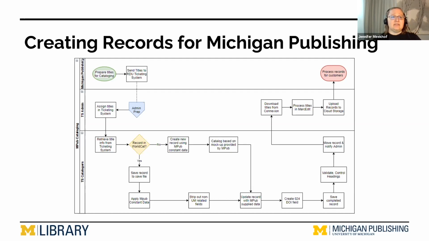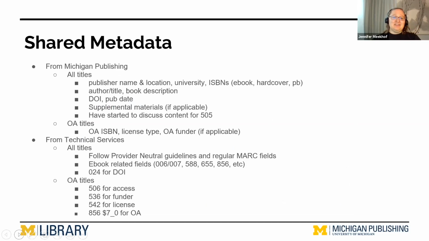Next slide, please. So here is a very brief list of the metadata that Michigan Publishing and Technical Services is sharing back and forth. Michigan Publishing gives us a lot of the basic information about their publications. And since these are pre-publication, the DOI and the anticipated pub date are included.